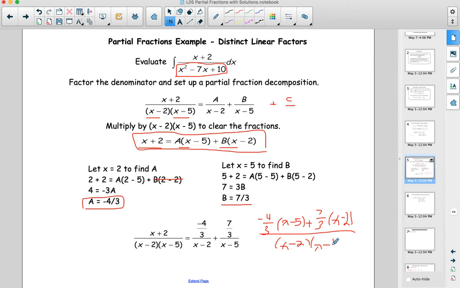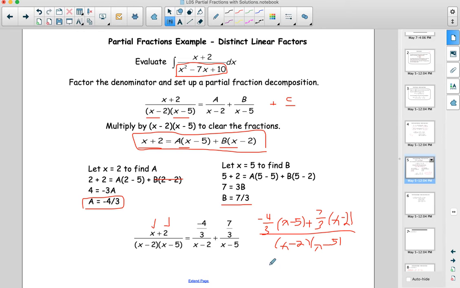And so if you have done this correctly, then this needs to simplify to give you x plus 2. And let's maybe see if we could do that quickly. That's negative 4/3 plus 7/3 x. That's 3/3 x. There's our 1x. That's 20 over 3 minus 14 over 3 is 6 over 3 plus 2. So it does check out.